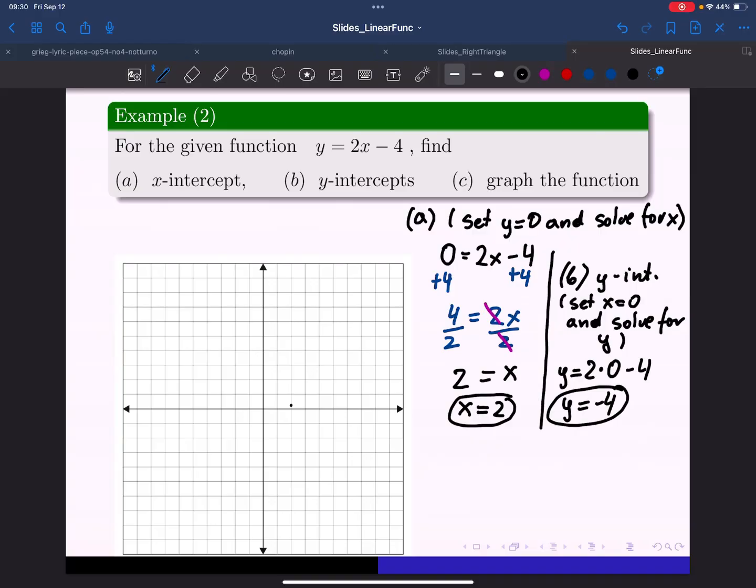So 0, 1, and 2 is the point right here. And on the y-axis, we need to find number 4, 1, 2, 3, and negative 4 right here. And then we can simply draw the line connecting those 2 points, and that's my line, because it's enough to have 2 points to graph the line.